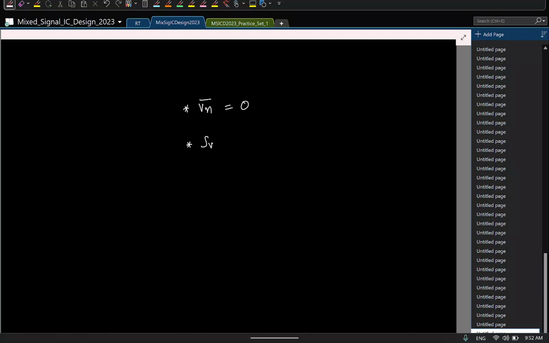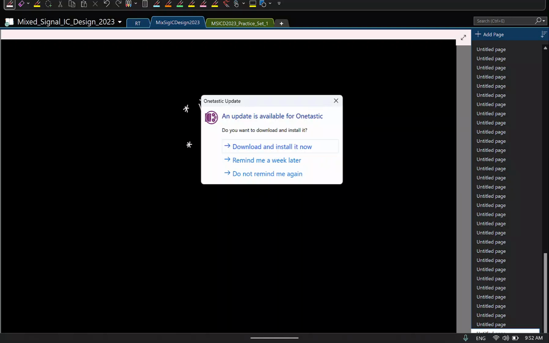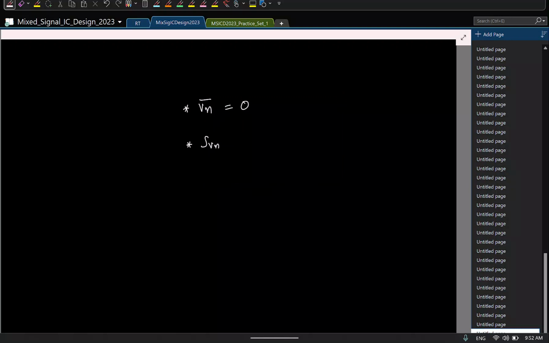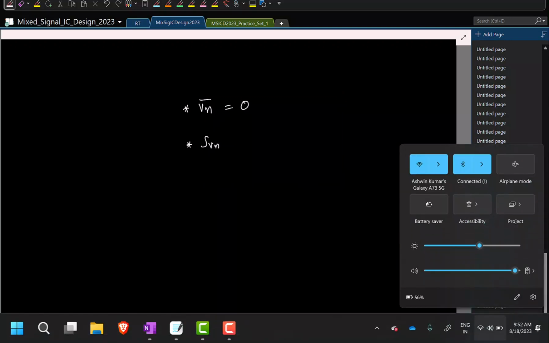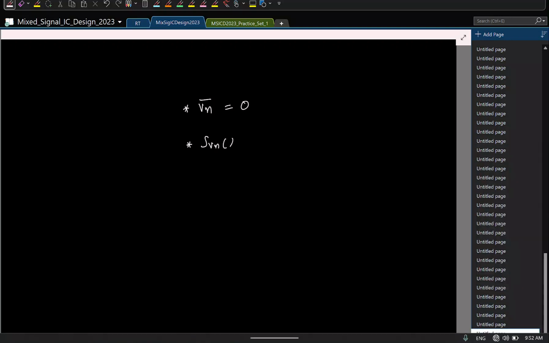And the power spectral density is 4kTR. It is a white noise, and the value is 4kTR volt square per hertz.